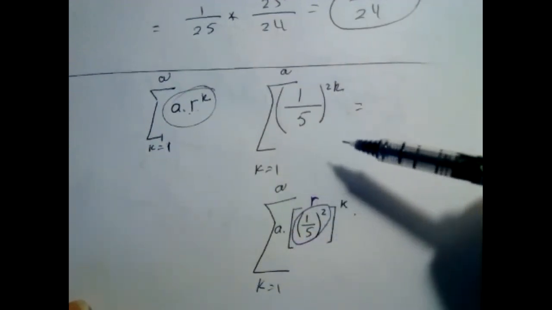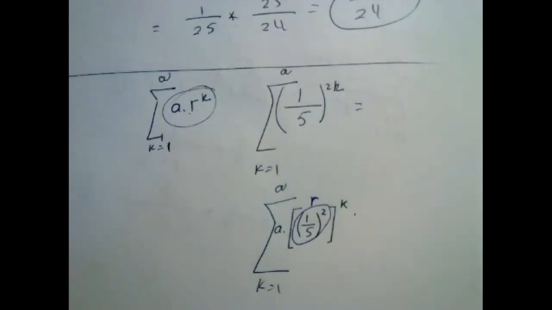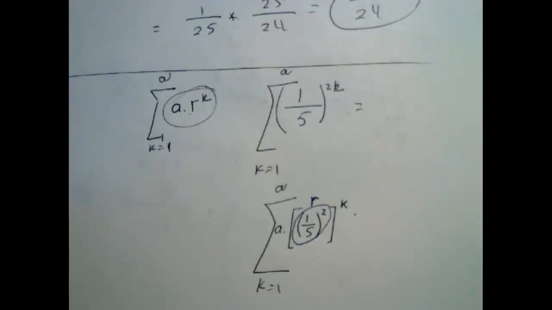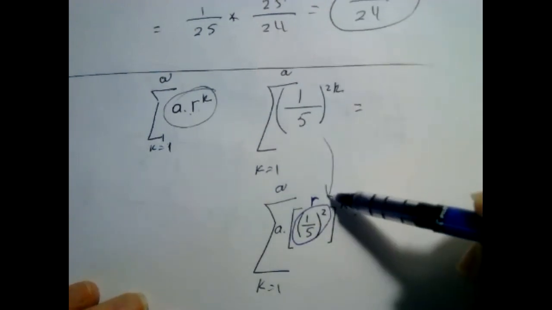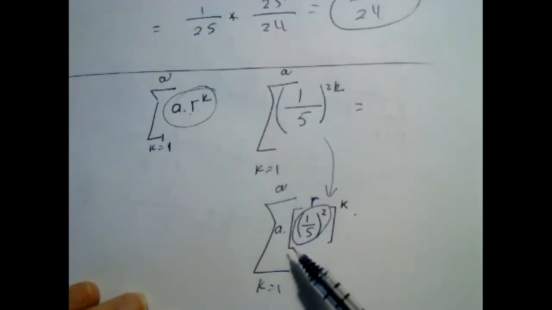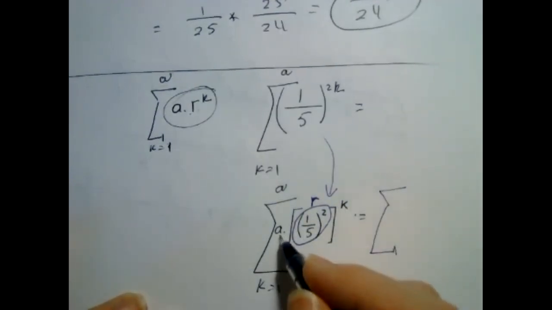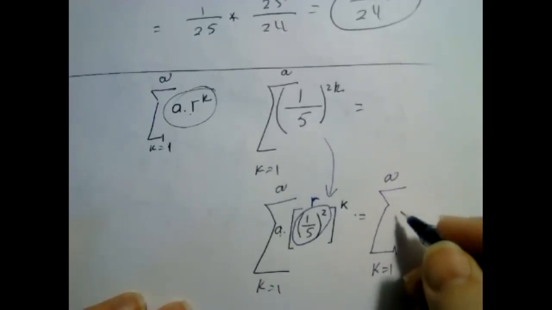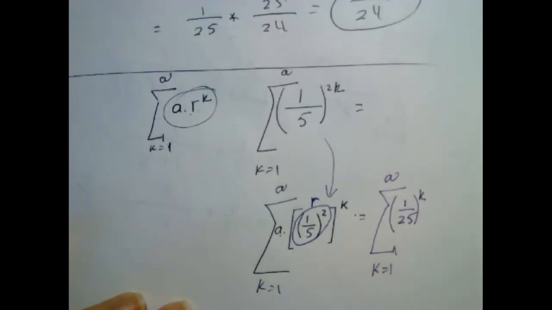So sometimes it will be written in a hidden way. When it's written as a sum, it will not be written very clearly as A times R to the K, where you can see the R, but we can perform some algebra to make it look exactly like R to the K. So in this case, A is 1, so I don't really need the A in this particular scenario, and K from 1 to infinity, and this is going to become (1/25) to the power K, and my R is actually 1/25.